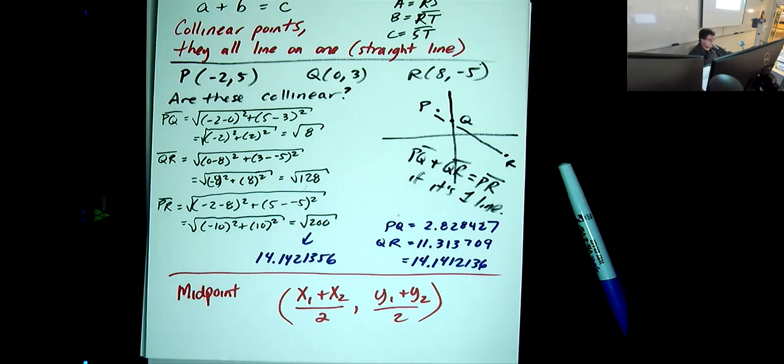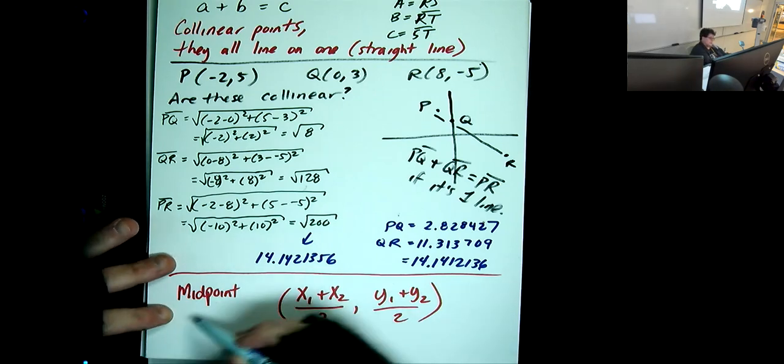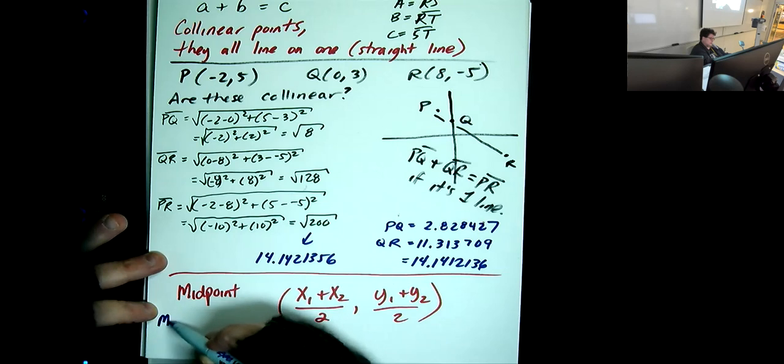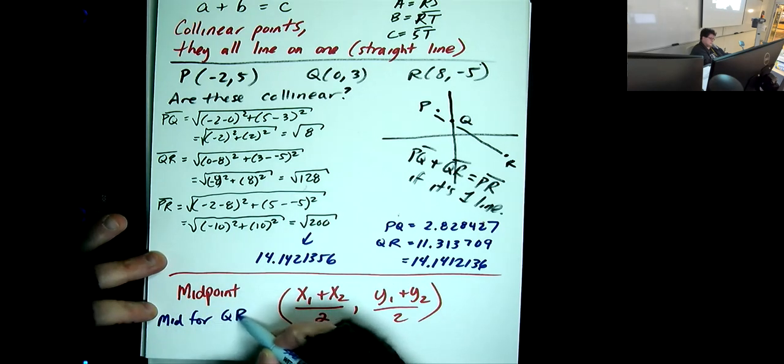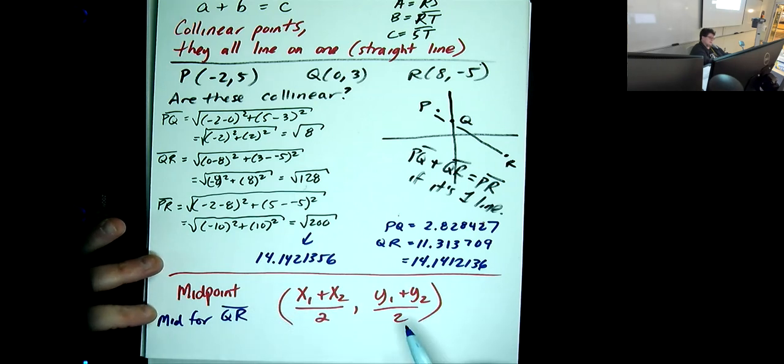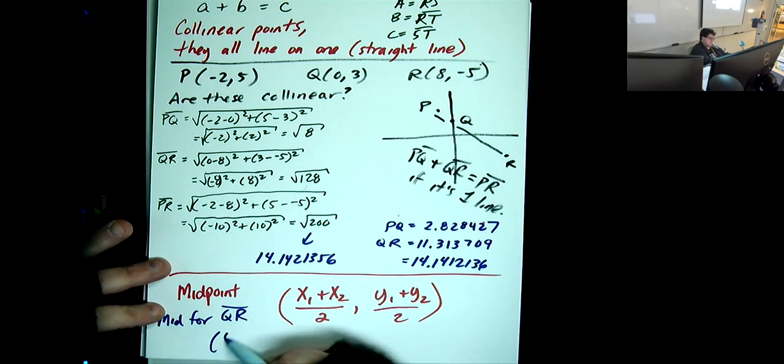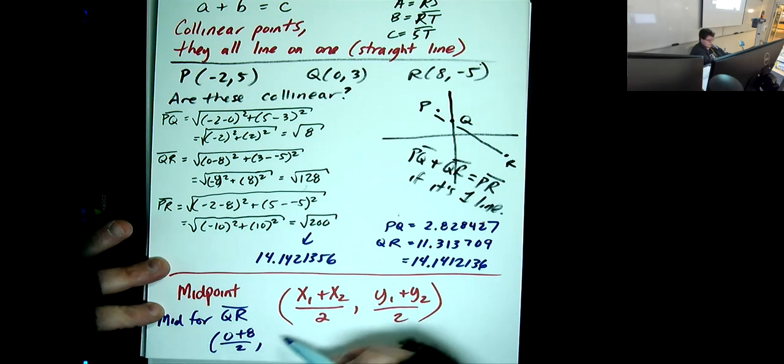Let's try that on Q and R up there. Midpoint for Q and R. I'm going to add the 0 and the 8 and divide by 2. I'm going to add the 3 and the -5 and divide by 2.